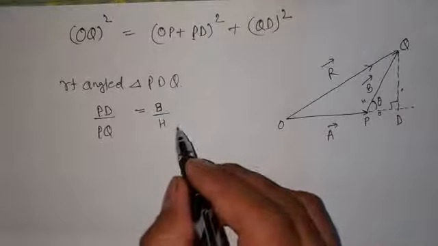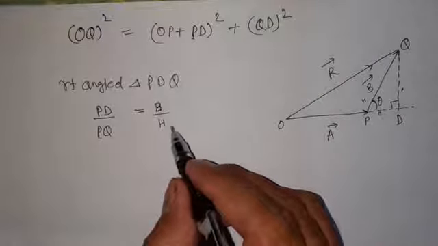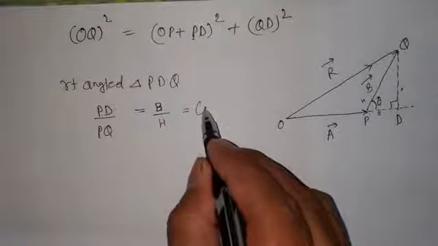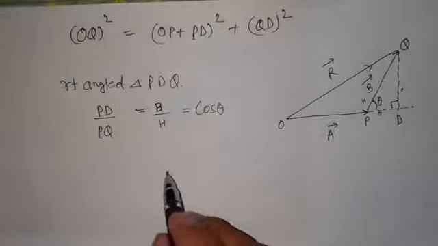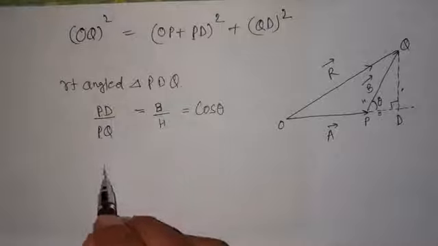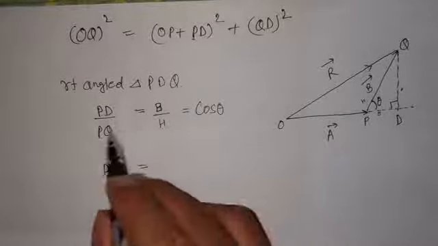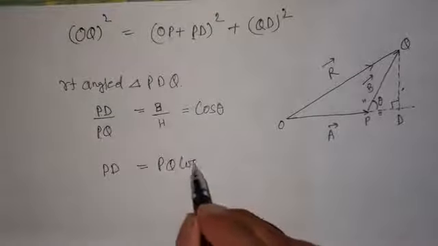So we are having a trigonometric function, which is cosine of the angle, cos theta. Thus PD is equal to PQ cos theta.